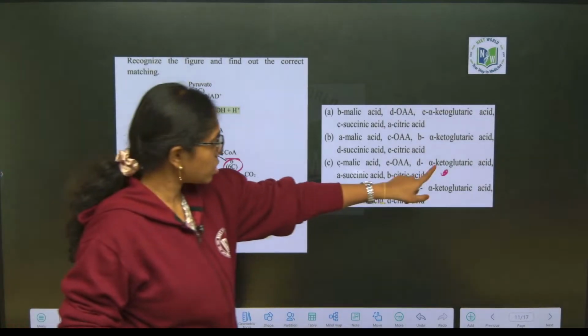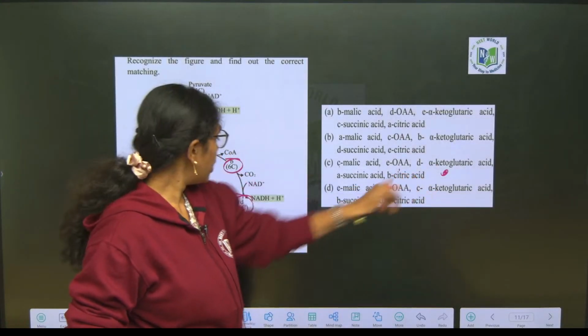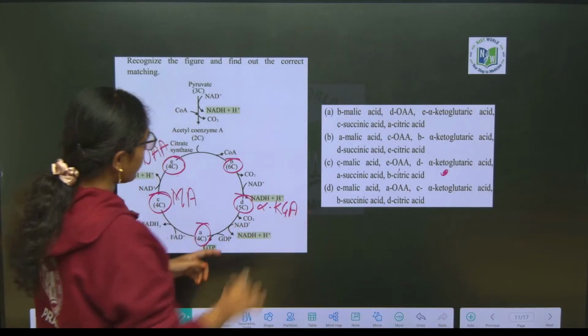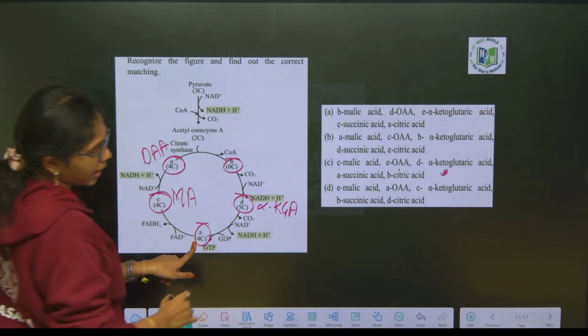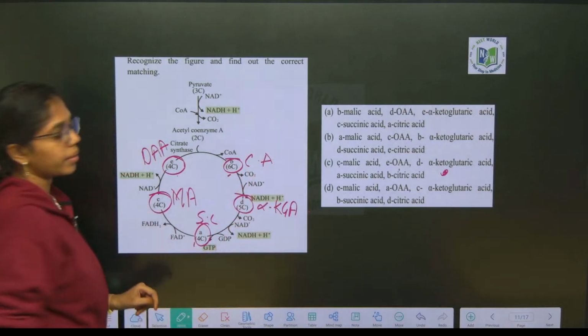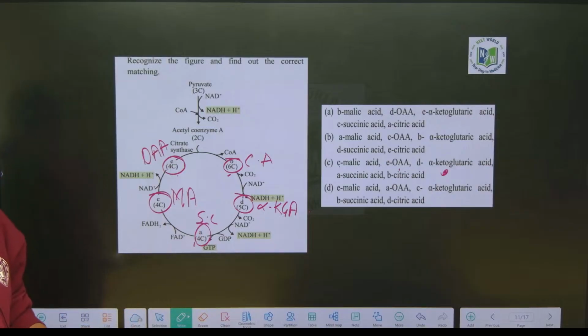So E is oxaloacetic acid. D is alpha ketoglutaric acid. And A will be succinic acid. And B is citric acid. Good. So option C will be the right answer.